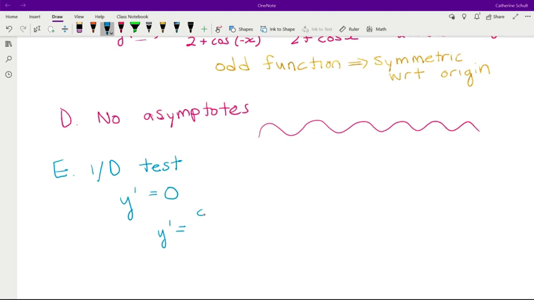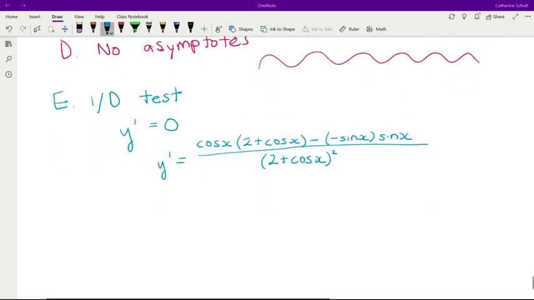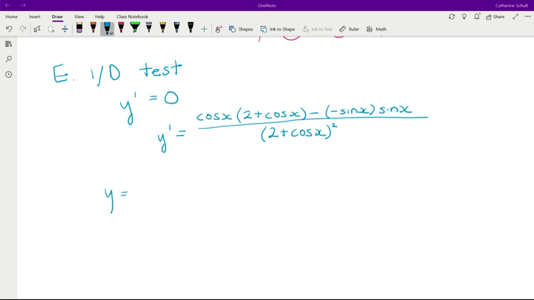So derivative of the top times the bottom minus derivative of the bottom times the top over the bottom squared. All right, so let's clean this up because we're going to want to find the zeros, so we're going to want to make it as simple as possible so we can find the zeros.